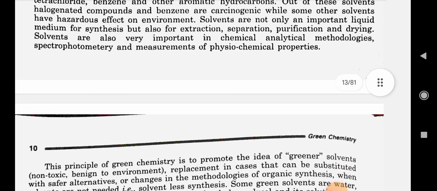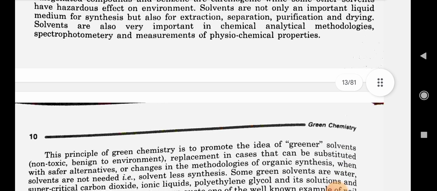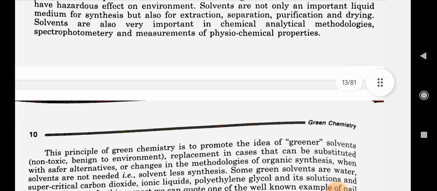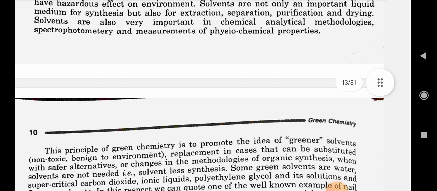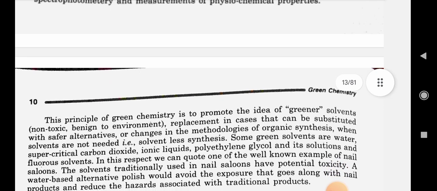Solvents are not only an important liquid medium of synthesis but are also used for extraction, separation, purification and drying. Solvents are also very important in chemical analytical methodologies, spectrophotometry and the measurement of physicochemical properties.